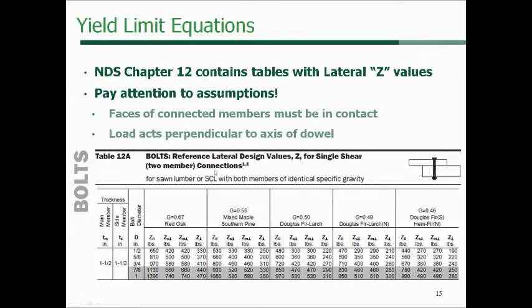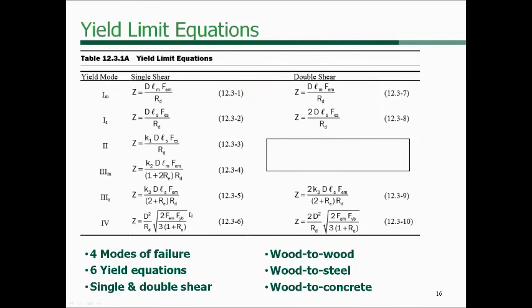We'll look at how we use these tables for the design example here in a second, so I won't spend a lot of time defining what's going on here in this table. So here's what those yield mode equations look like, and for single shear there are 6 of those yield mode equations, and they're labeled 1M, 1S, 2, 3M, 3S, and 4, just like we saw in the drawings earlier. And then for double shear, we've only got 4 equations because you don't get a mode 2 or 3M for double shear connections. And as you calculate these various yield modes, the lowest one is the connection capacity.